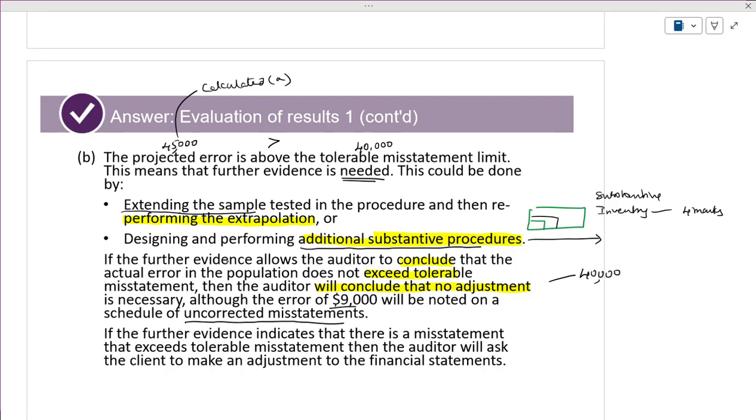It notes that errors are there. Whatever the errors, they will be mentioned in the audit report as uncorrected misstatements. It doesn't mean that the audit report will be signed. These uncorrected misstatements will be corrected.